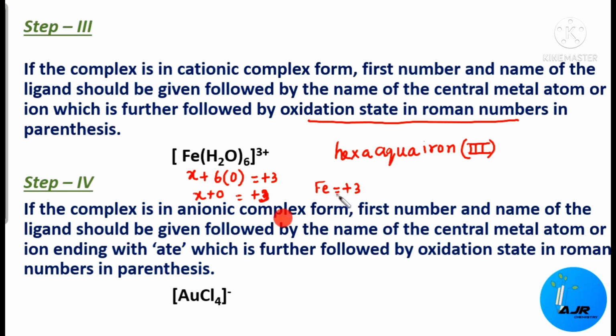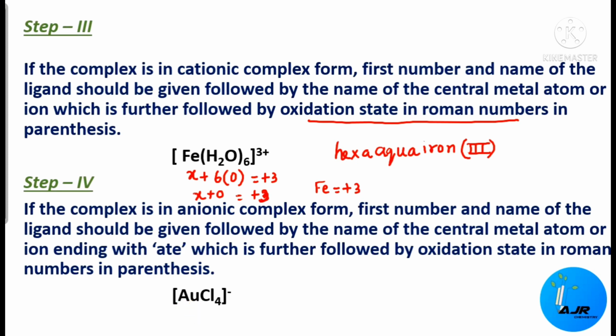But the only difference is, here we have written the name of the central metal atom or the ion as such. It's not iron. But here we should not write like that, because instead of writing the name as such, the last letters should be removed and we should add the letters ATE.